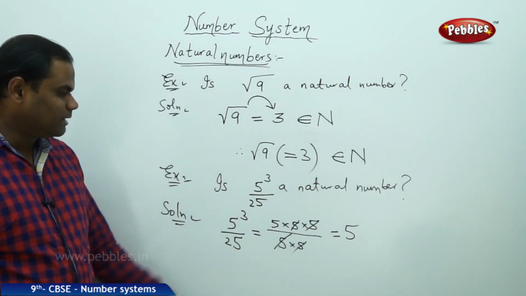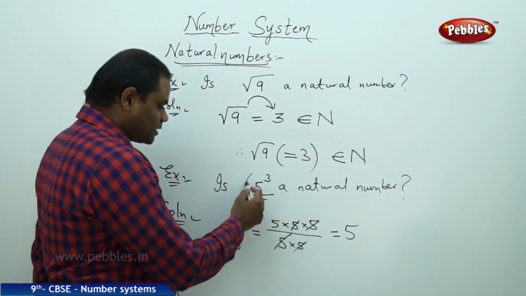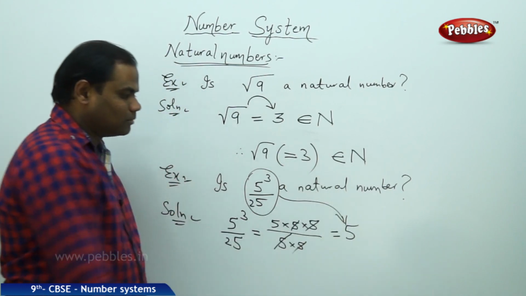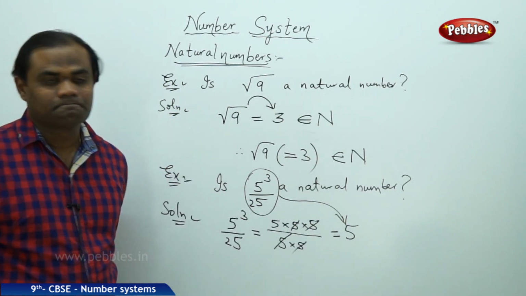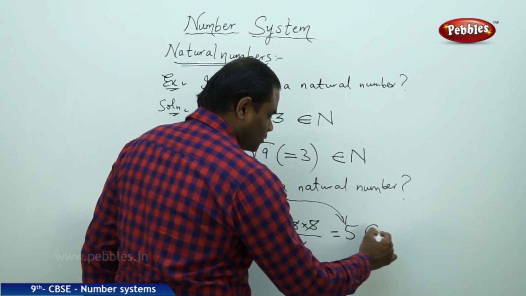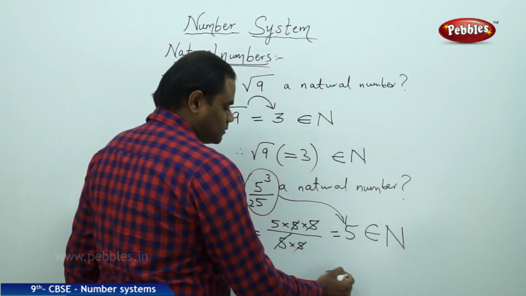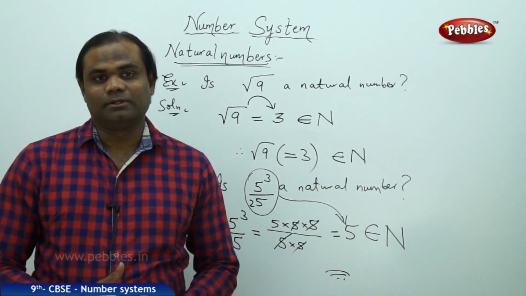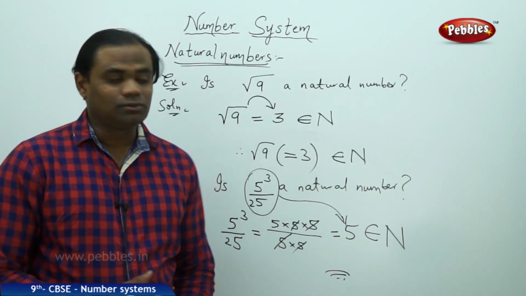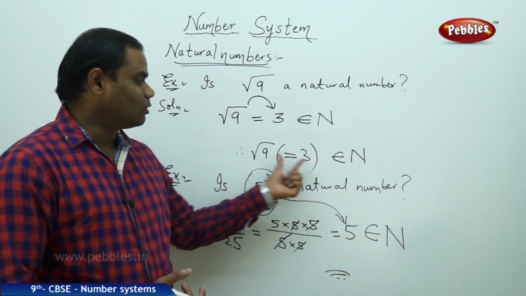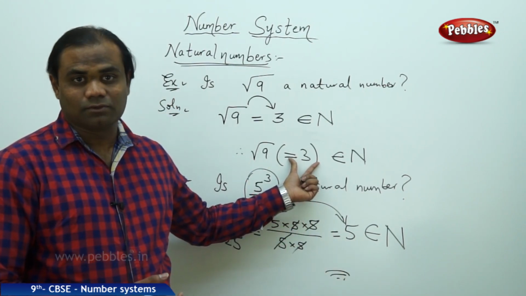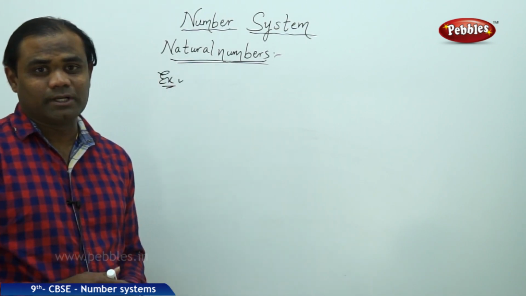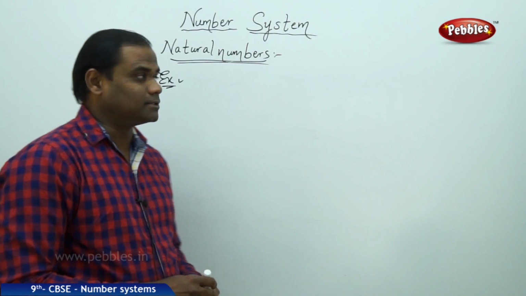That clearly makes me understand that the given 5 cubed by 25 is nothing but the simplified form of 5, and this we all know belongs to natural numbers. Therefore, 5 cubed by 25 is a natural number, which is how we justify through the most simplified form. Next, let's go with another example to understand natural numbers better.